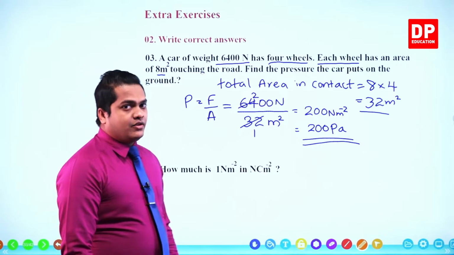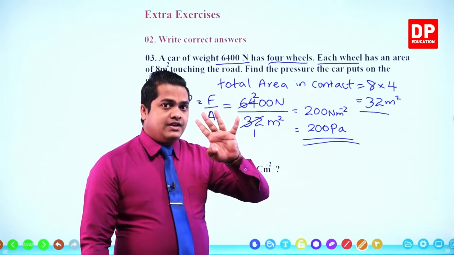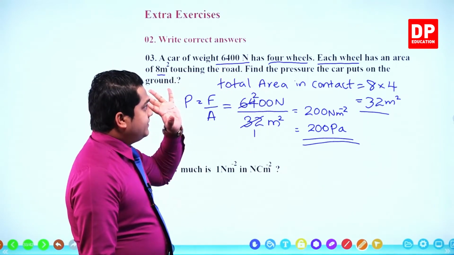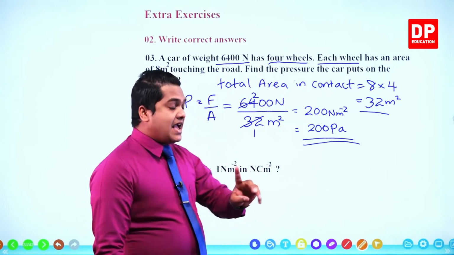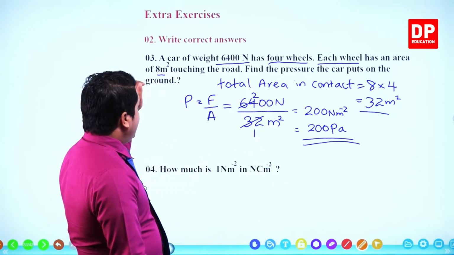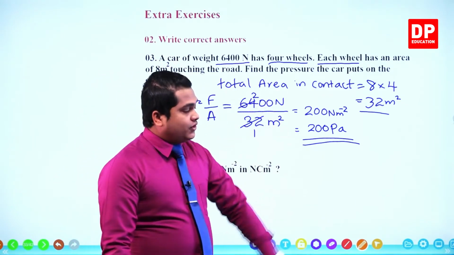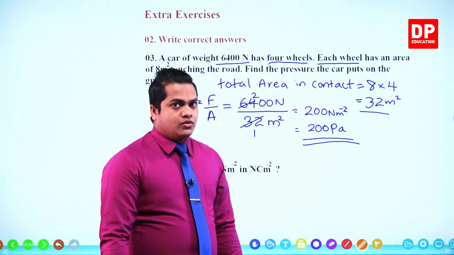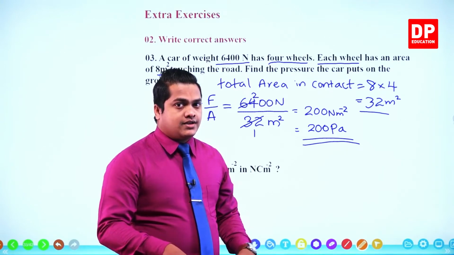So how did I calculate? Once again, there are 4 wheels in a vehicle. Each wheel, that means one wheel, has a contact area of 8. So 8 times 4, altogether 32 square meters of contact surface.